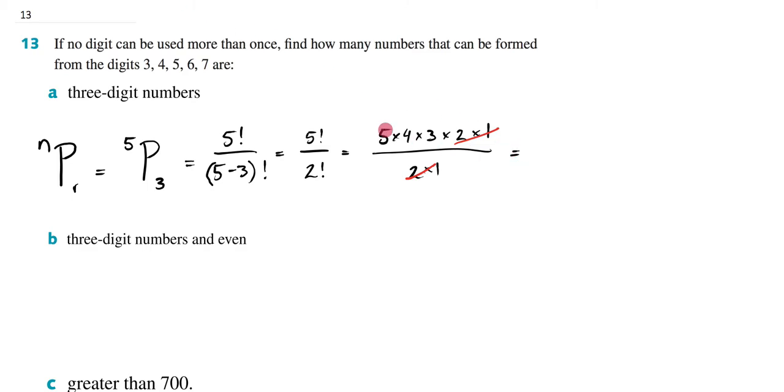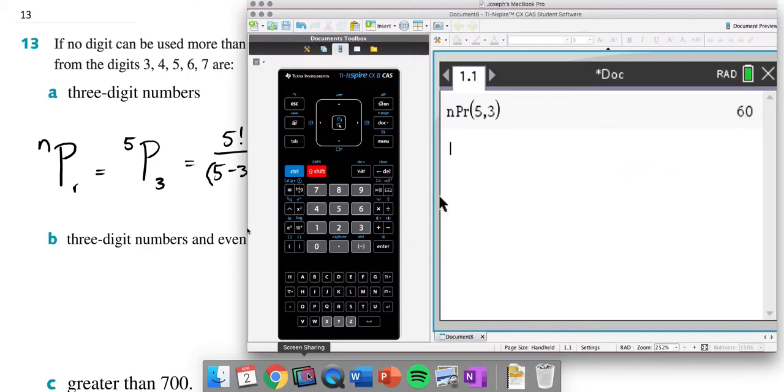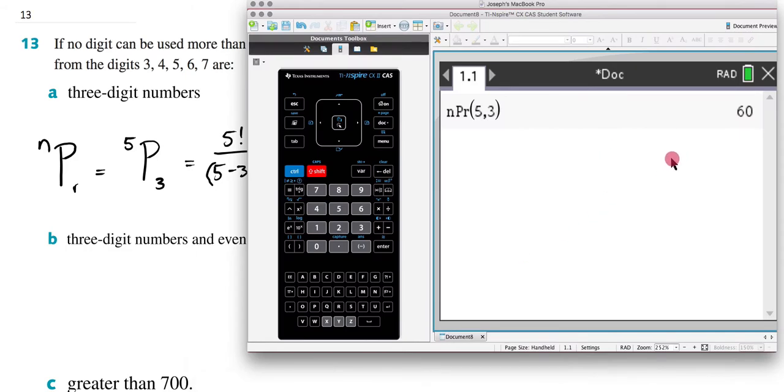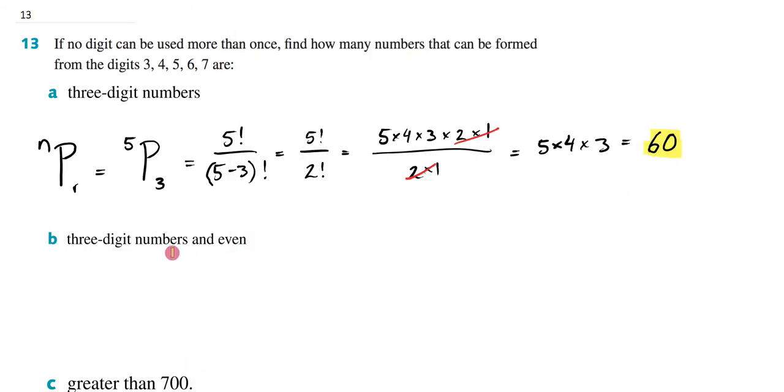So I'm just going to be left with 5 times 4 times 3. 5 times 4 is 20, times 3 is 60. 60 is going to be my answer. But notice how quickly we did that just by using our CAS calculator. Perfect. Let's now move on to B.